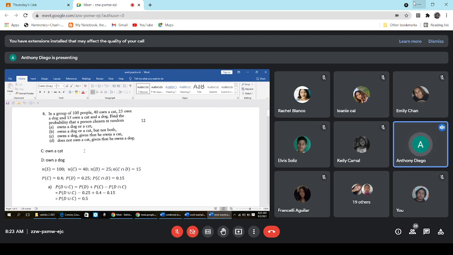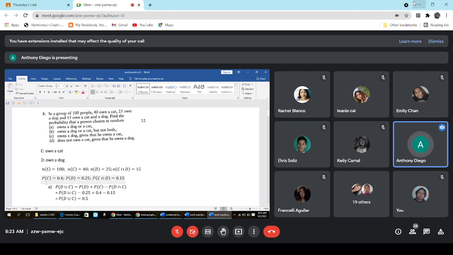So n(S) is 100, and the number of people that own a cat is 40, the number that own a dog is 25, and those that own both, 15, because it's the same here. 15 own a cat and a dog, and means intersection, or is union. So this is what we have there.